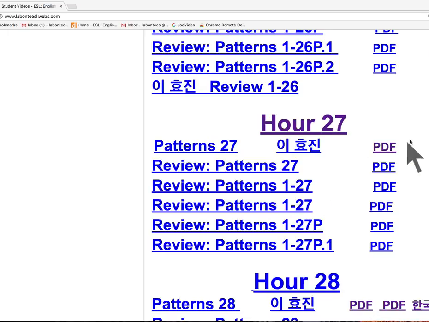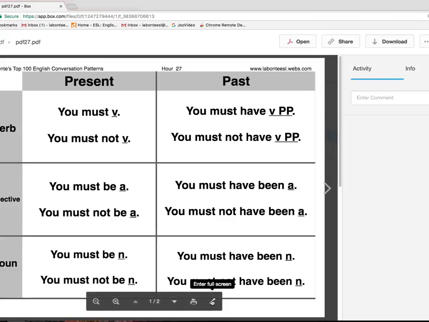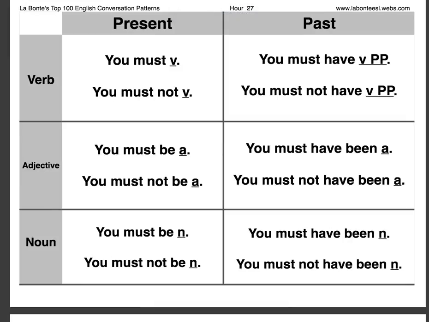If you click on this PDF, here it is. Most people, or I should say most teachers, when they address this pattern, are only addressing this part.